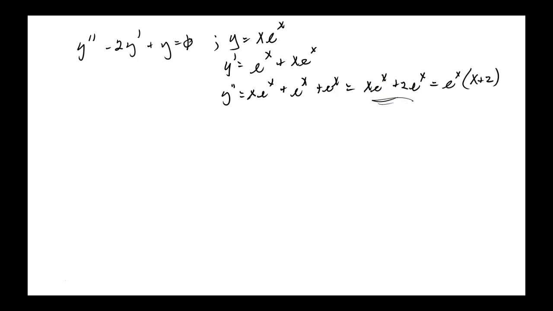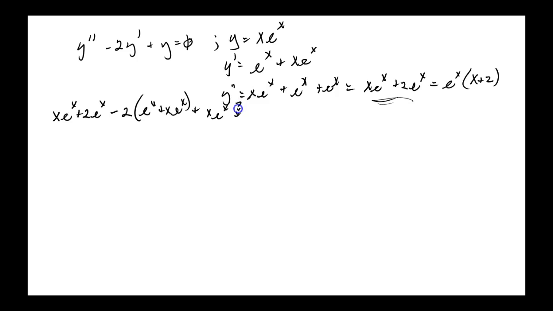Okay? So let's plug and chug. Your y double prime is x e to the x plus 2 e to the x, minus 2 times your y prime, which is e to the x plus x e to the x, plus y, and y is x e to the x.